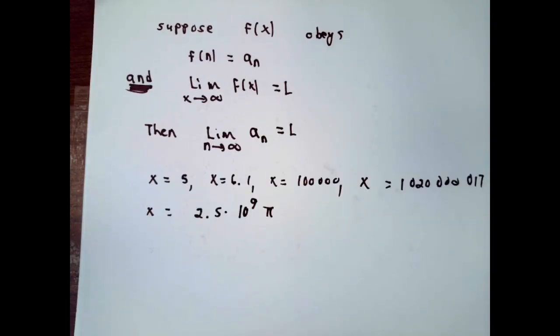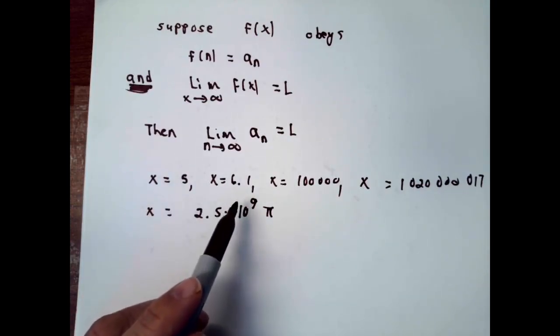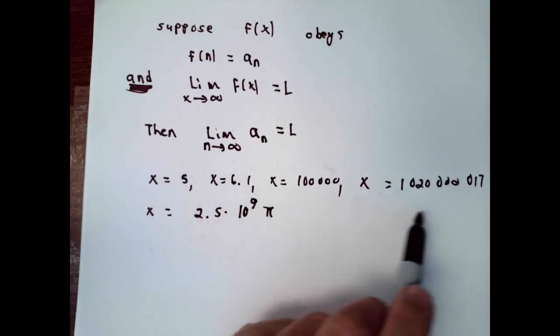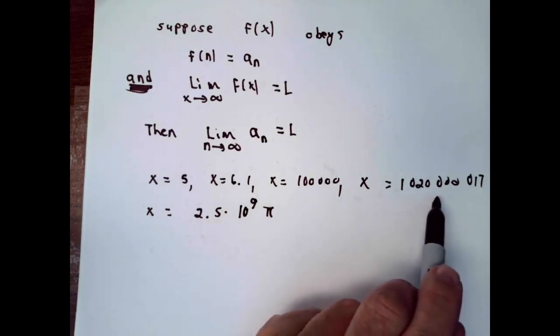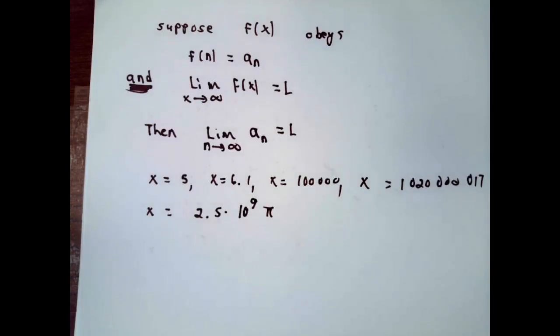Under these circumstances, think about x equals 5, x equals 6.1, x equals 100,000, x equals 1,020,017, x equals 2.5 billion times pi, and so on and so forth.